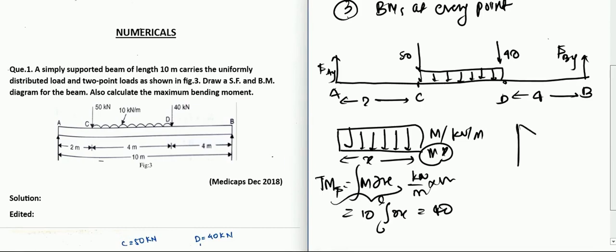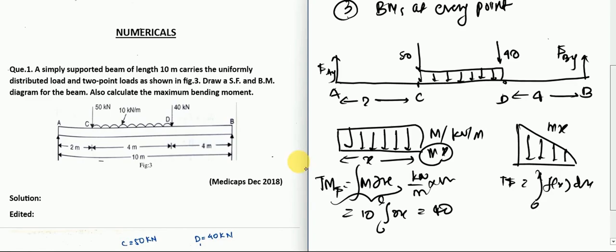Let us say there is a triangular load here instead of a rectangular load. The magnitude of it will vary with increasing x, it will be some function of x. So you can find the force by integrating this function of x dx from 0 to x.